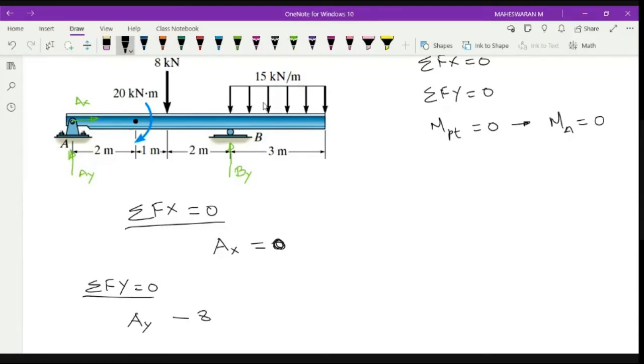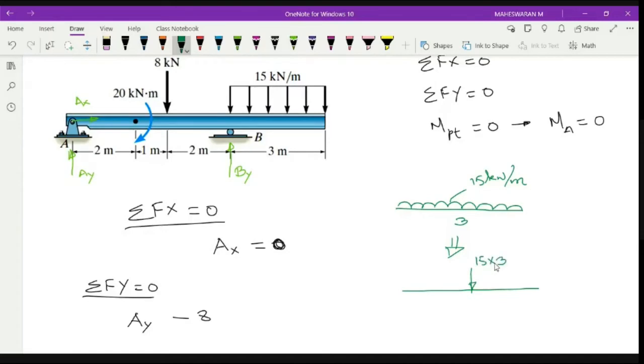Okay. As I told you, what I can do is consider it like this. This is my UDL, which is 15 kilonewton per meter for 3 meters. If I convert this to a point load, you will get something like this. 15 into 3, W into L is the total load, and it will act at the center, which is 1.5.